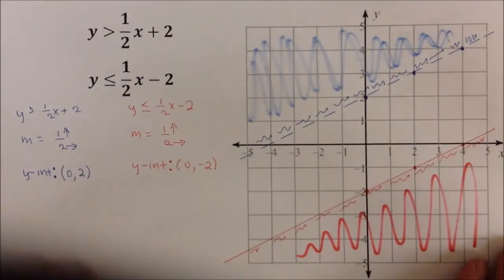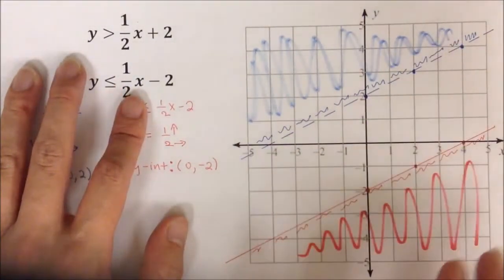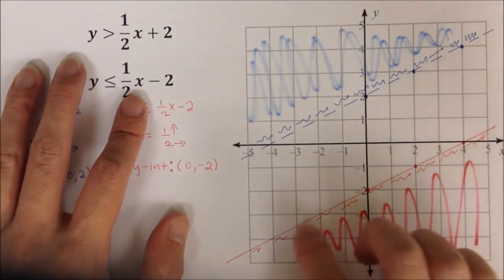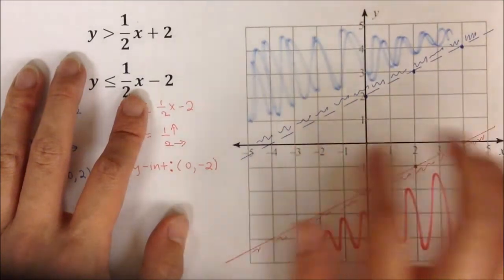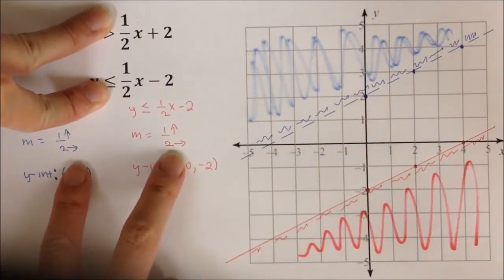If we look closely at the graph, we see that the shading doesn't overlap each other, doesn't cross each other. So in the event you have something like this, where I notice that the lines are parallel to each other, meaning that they have the same slope, which in fact they do.